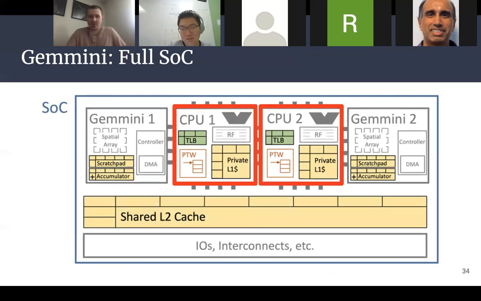But right now, we don't have good support for two different cores sharing the same accelerator. Part of the problem is the scratchpad and the accumulator can be pretty large. So we need to make difficult design decisions. Should that all be spilled out if one of them tries to use too much memory?